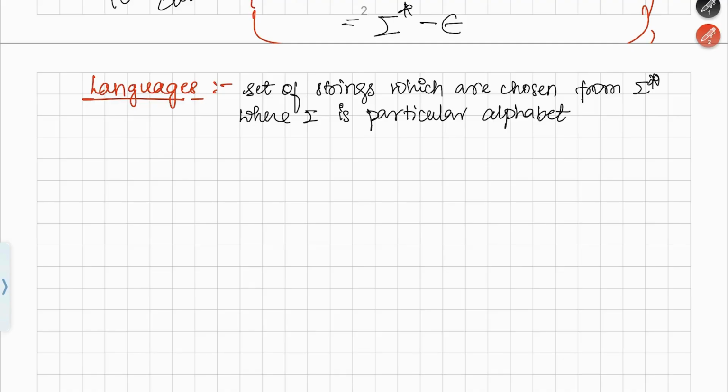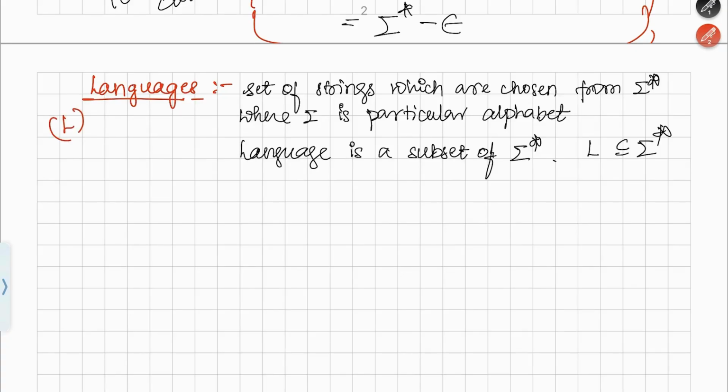From this alphabet, if we derive several strings, it is called a language. So a language is a subset of sigma star, because in sigma star we define all the possible values, and a language is a subset of it. Language is depicted by L.